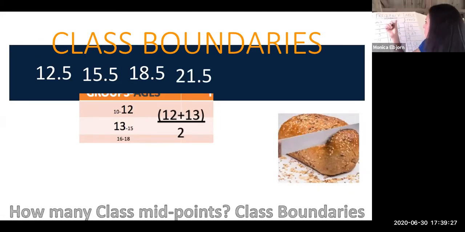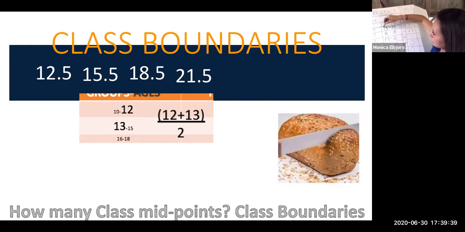So our class boundaries, let me put them over here. We said from 12 to 13 was 12.5. 12.5 over here, 15 and 16, 15.5, and then 18 and 19, 18.5.